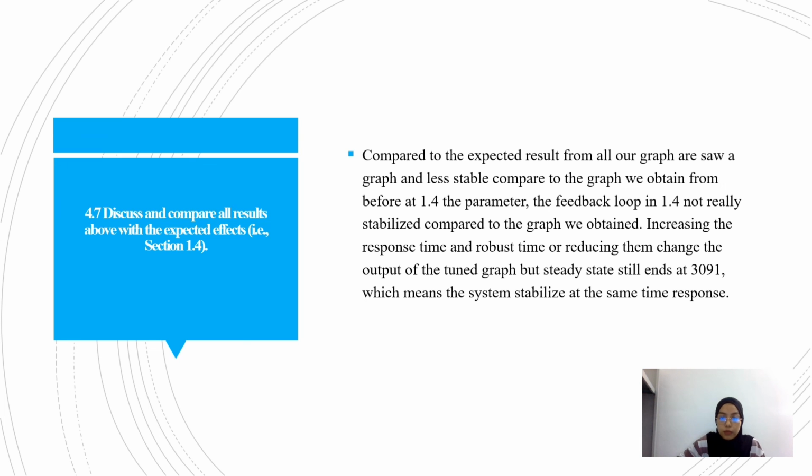The feedback loop in 1.4 is not really stabilized compared to the graph we obtained here. So increasing the response time and the rise time, or reducing them, changes the output of the tuned graph, but the steady state still ends at 3091. Which means the system is stabilized at the time response.